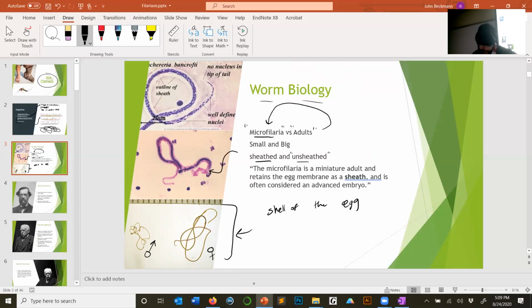Anything else? We're going to talk about three nematode-based diseases. It's usually the microfilaria that cause the major pathology. The source of the problem is that your body is usually infected with some of these adults, and the adults seed your body with these microfilaria.